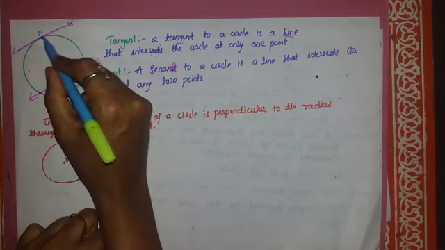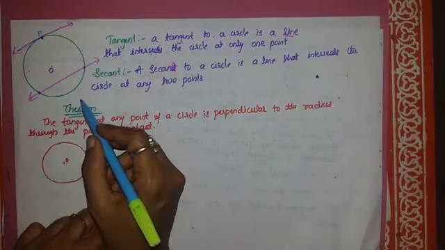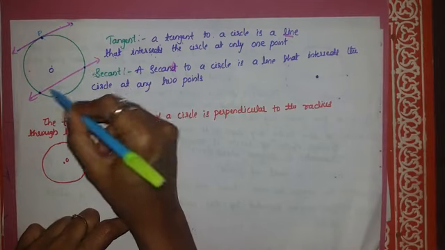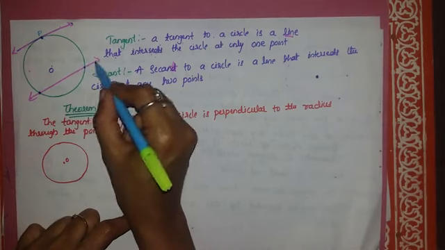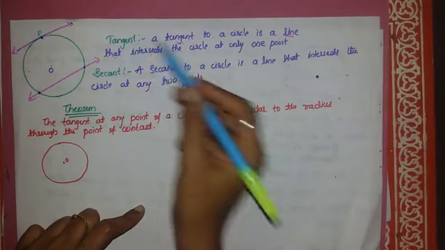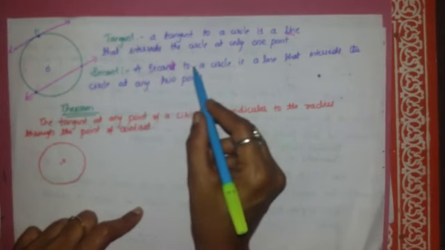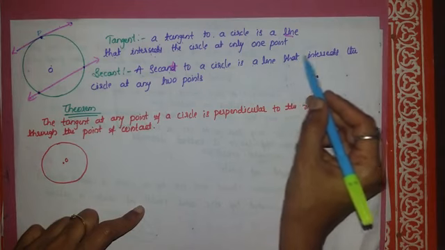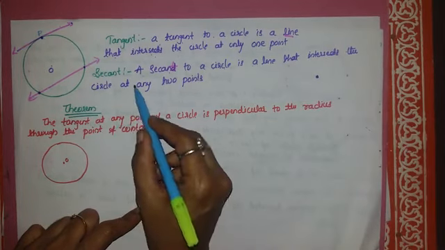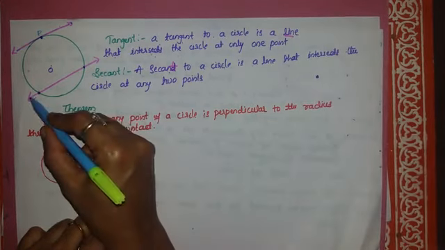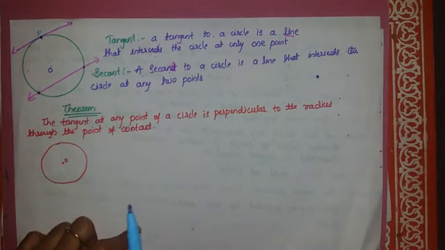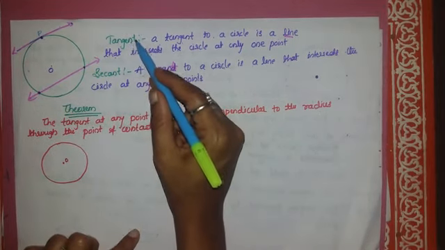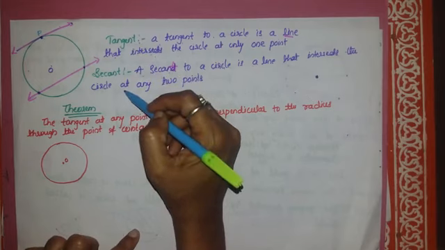This is what we call a tangent. If a line intersects a circle at two points, this is called a secant. A secant to a circle is a line that intersects the circle at any two points. So this is the difference between the tangent and secant.